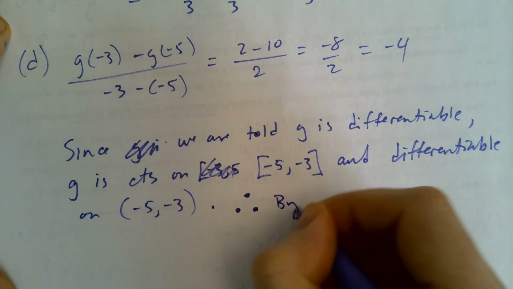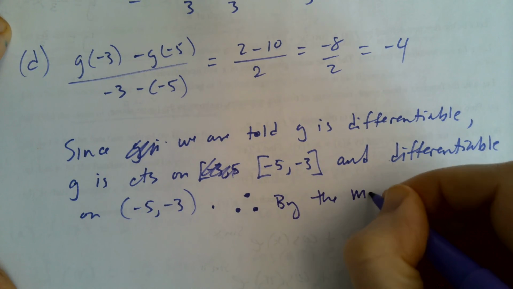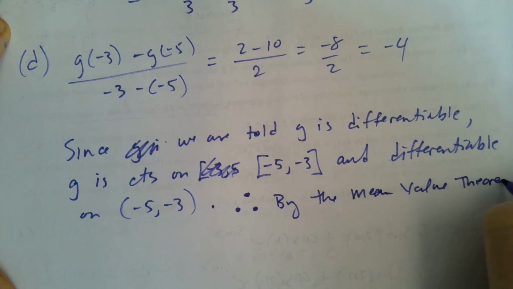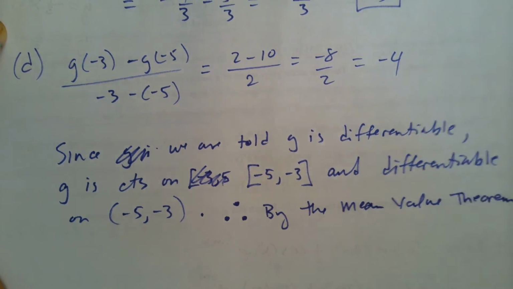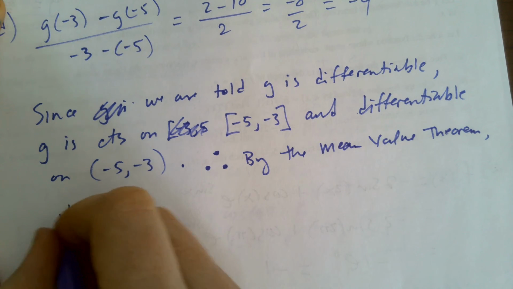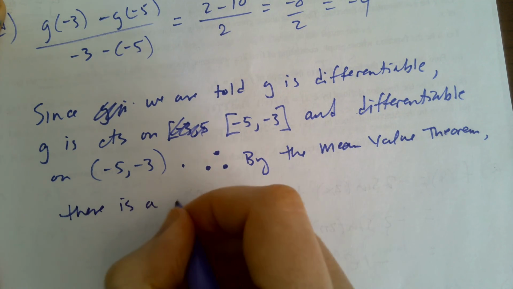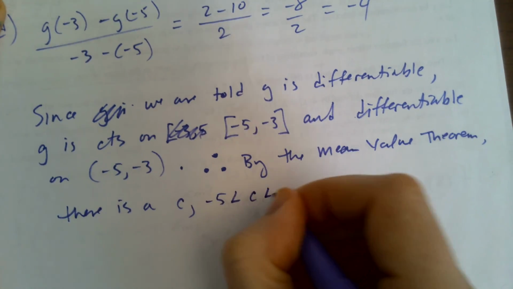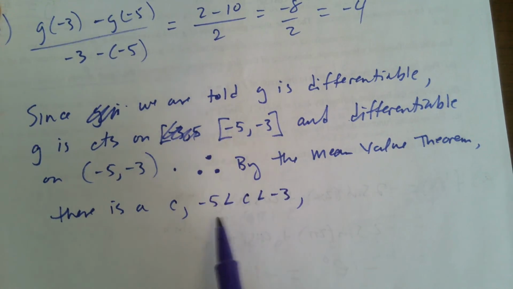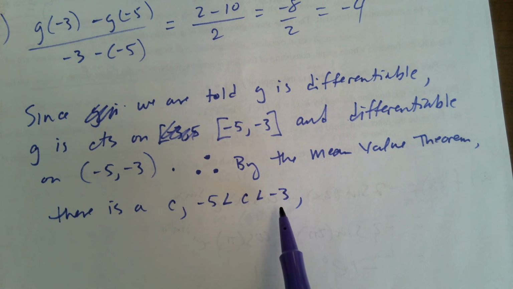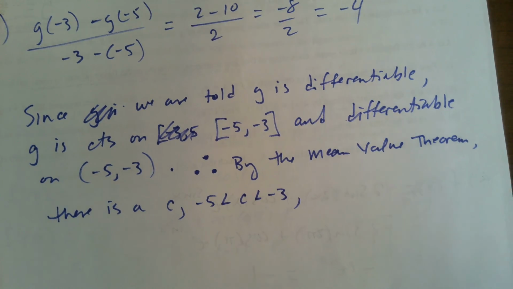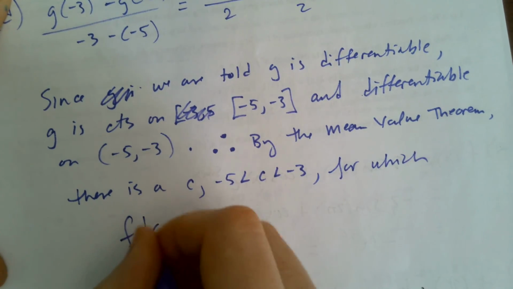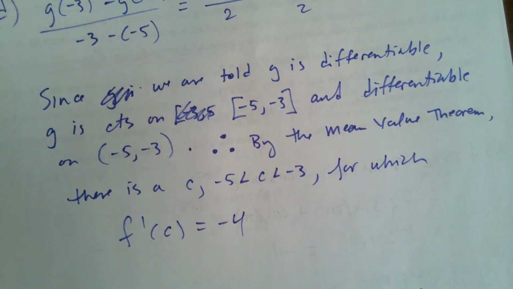Therefore, by the mean value theorem, there is a c where c is strictly between -5 and -3, not less than or equal to, just less than, for which g prime of c equals -4.